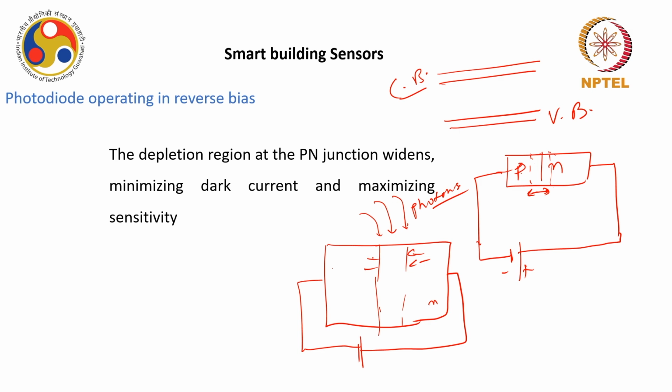As I have told you, the interaction of the photon and the junction is a requirement for a photodiode operation. All right.